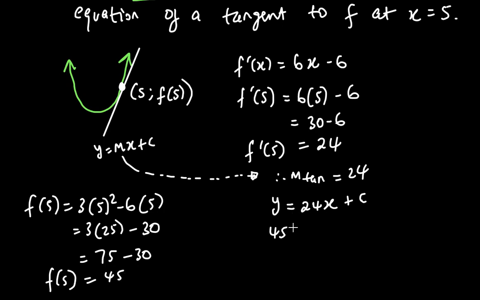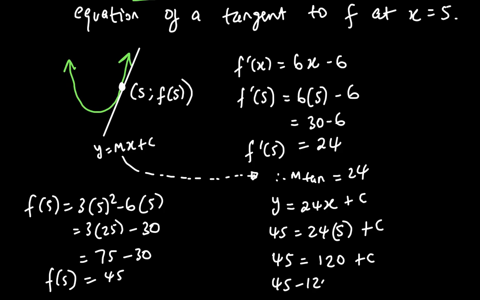So we put 45 is equal to 24, the x will be 5, and then plus c. So good people, we're going to have 45 is equal to 24 times 5. 20 times 5 is 100, 4 times 5 is 20, so here we're going to have 120 plus c. Then we just say c would be 45 minus 120.